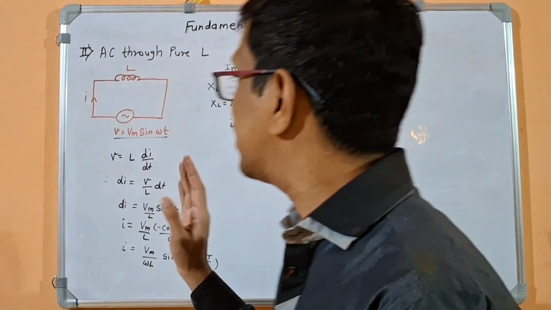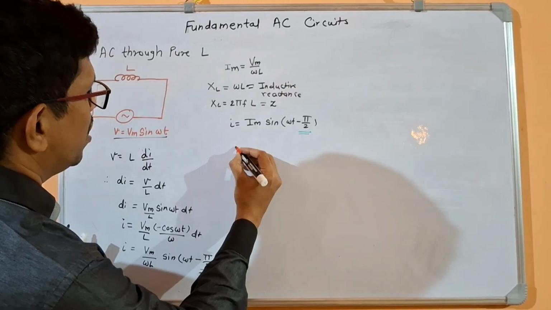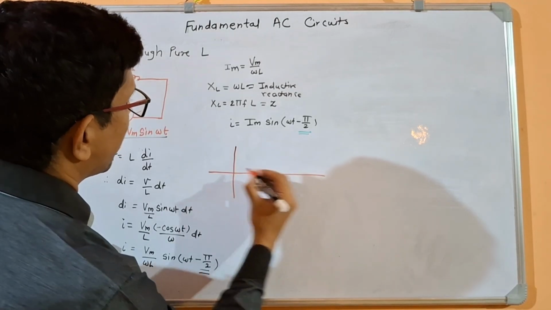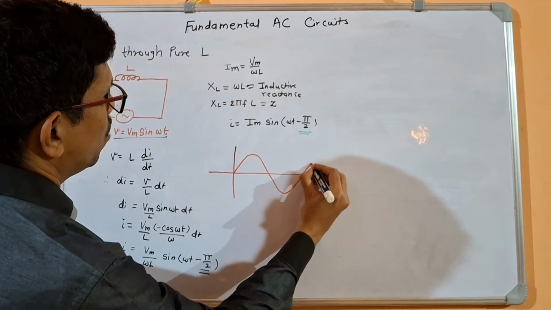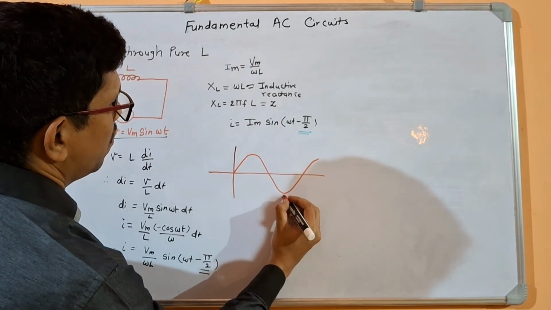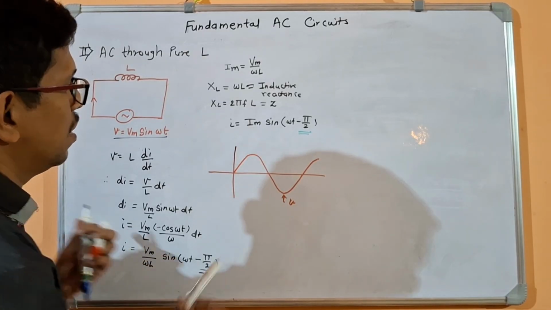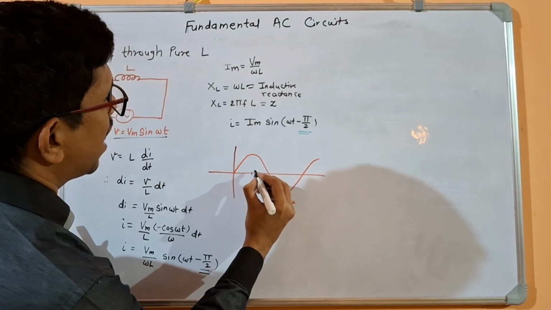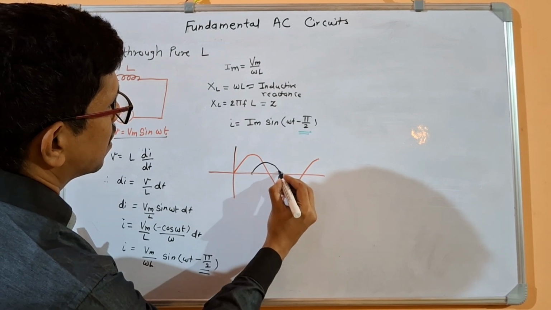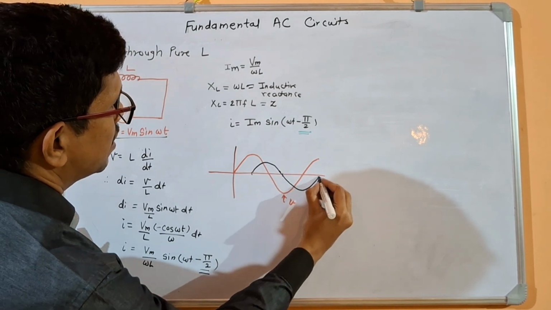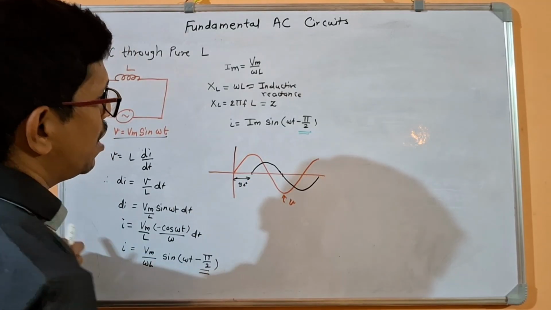If I show this graphically by drawing the waveform, my voltage is the reference. Okay, so V will go like this. This is my V. Current will start at 90 degrees, so current will go like this. That is, it is lagging by 90 degrees or pi by 2 radians.